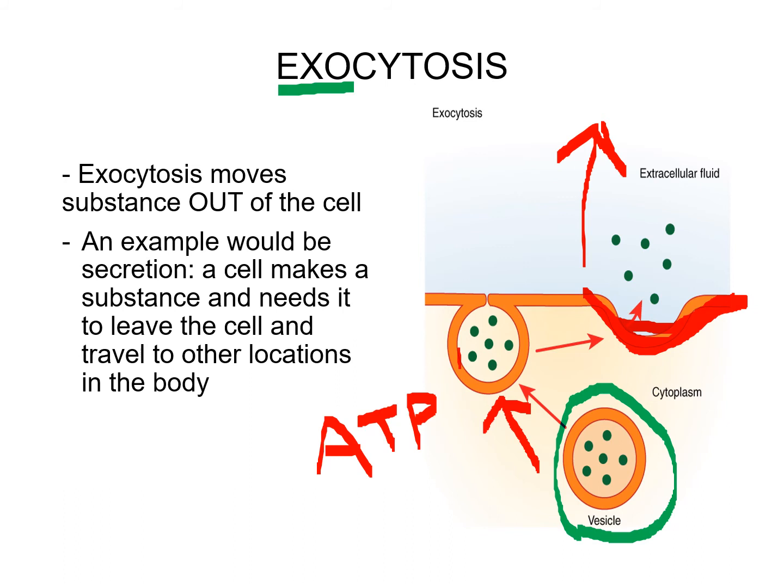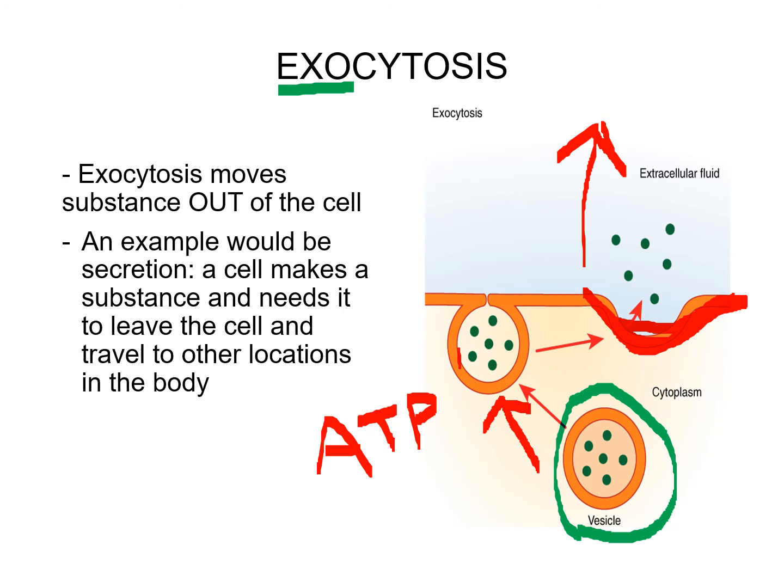We talked about primary active transport, and the big example was the sodium-potassium pump. And then we have moving stuff in and moving stuff out of the cell. A lot of times this is called vesicle-related movement because of those bubbles. And those were endocytosis and exocytosis.